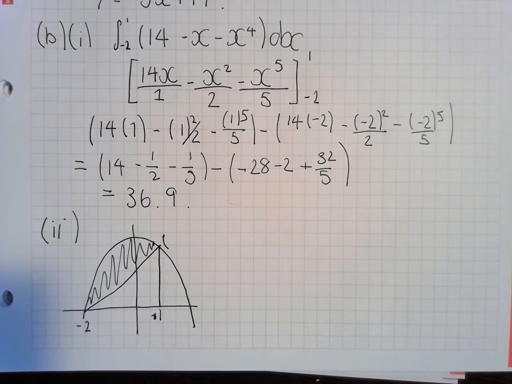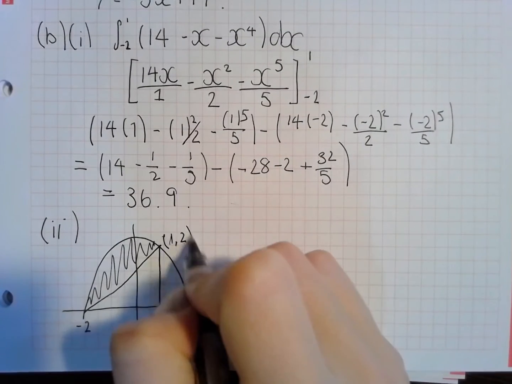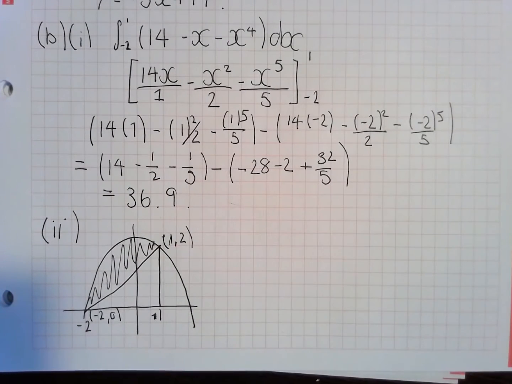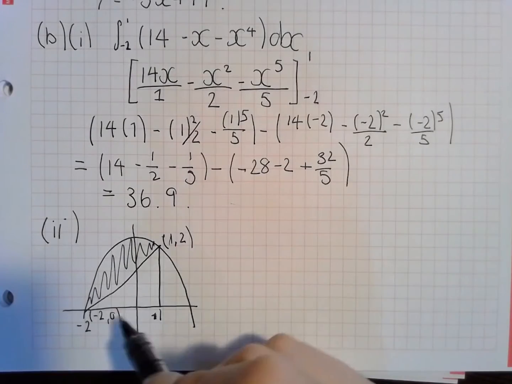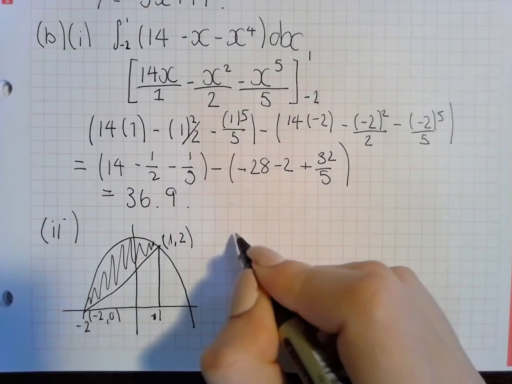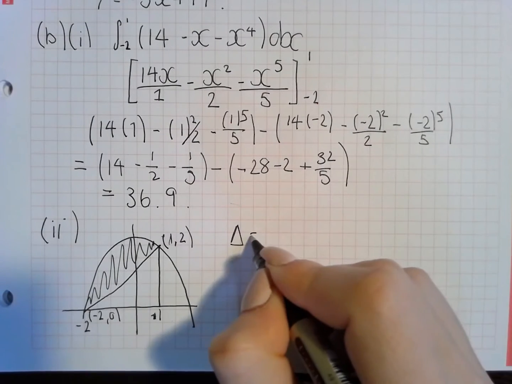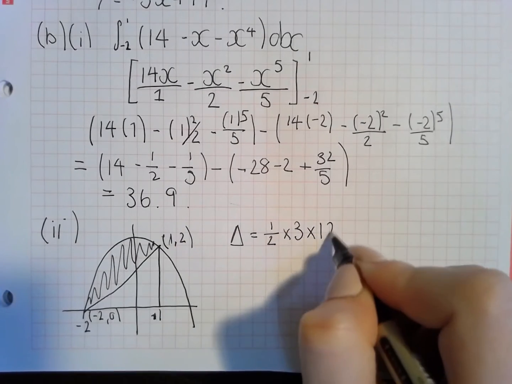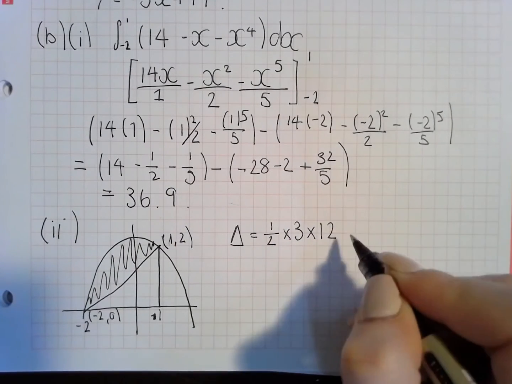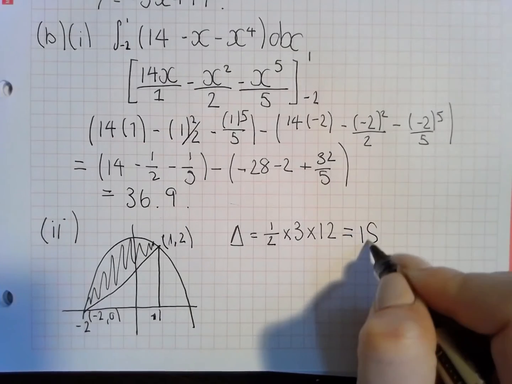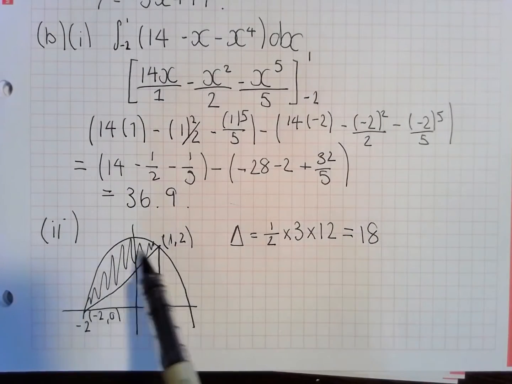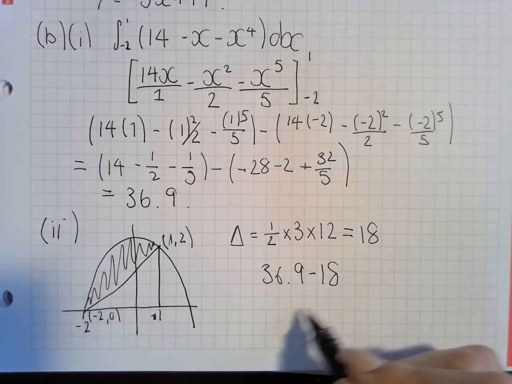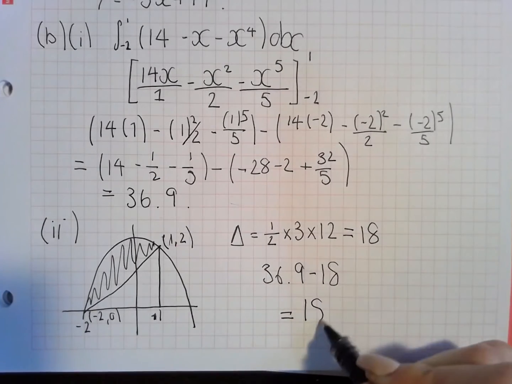Remember this point is 1, 12, and this point is minus 2, 0. This is one of those questions that separates the A's and the A stars. The triangle is a half times 3 times 12, because that's a half of the base times the height, which is the formula for a triangle, giving 18. We know that the total area under the curve is 36.9. So you minus the 18, and the area of the shaded region is therefore 18.9.